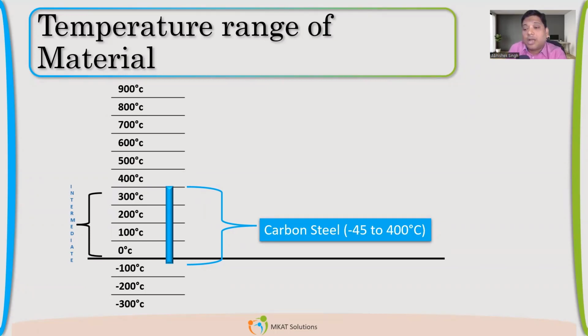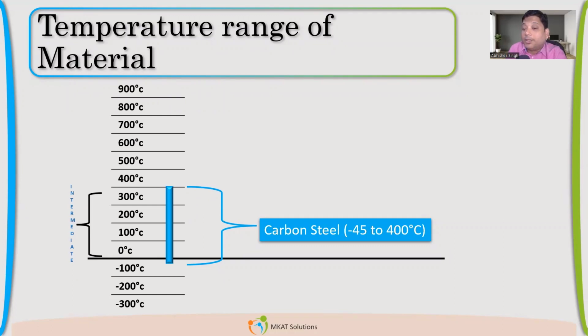Carbon steel, if my temperature is between -45 to 370, 380, we'll always go for SA 516 grade 70. Guys, I'm ignoring the other factors. Service might make you change, but that is not what we're talking about. If temperature and pressure are the only requirement, then low carbon steel will be used for this low and intermediate range.